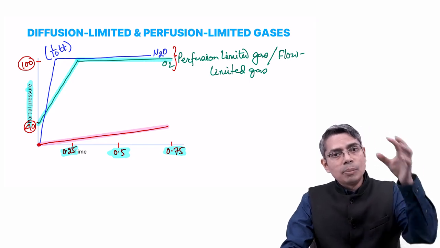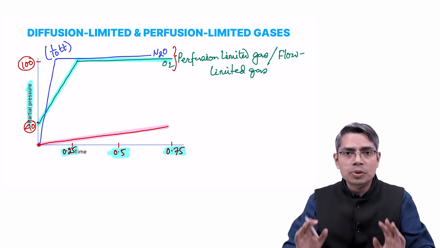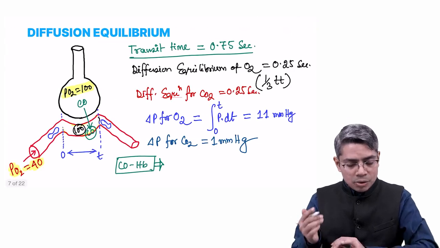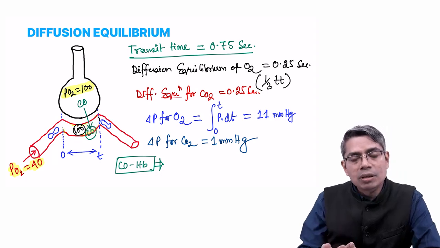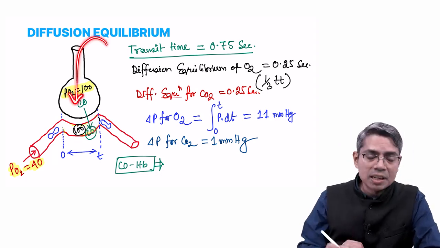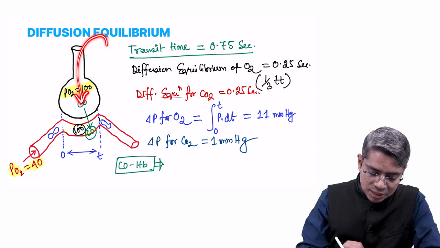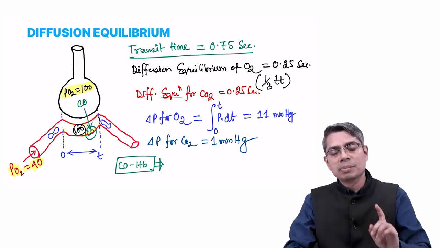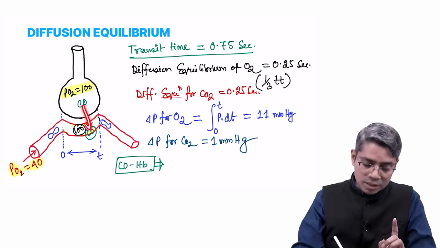So if you give more inhalation of carbon monoxide, it is easily transported to the capillary blood. Is there any problem? The answer is no, because the partial pressure of carbon monoxide is not rising at all. If you give more carbon monoxide inhalation, more diffusion of carbon monoxide is possible. That means perfusion is not the limiting factor here, but diffusion is the limiting factor.